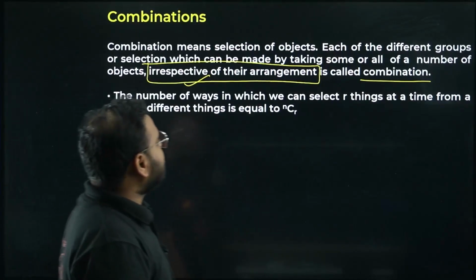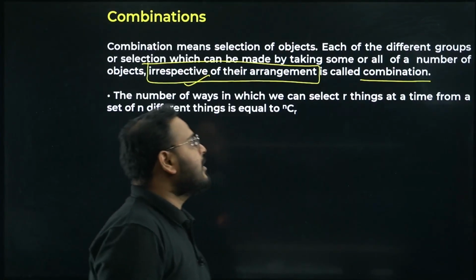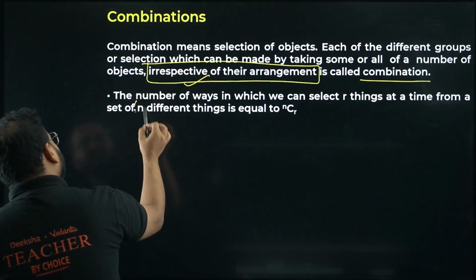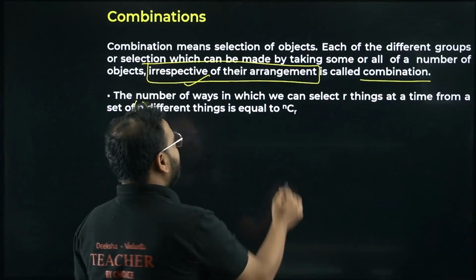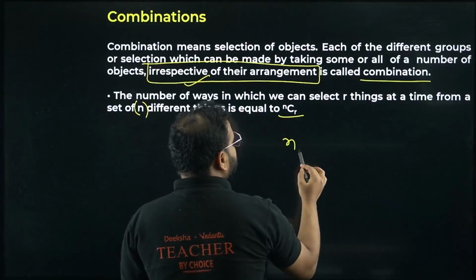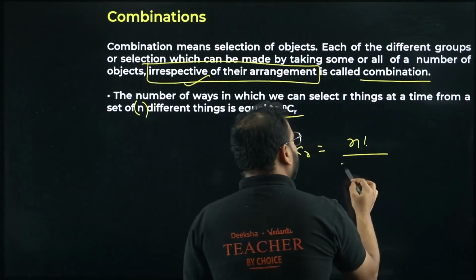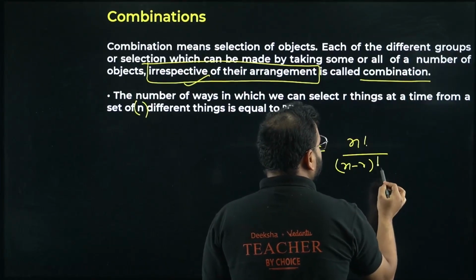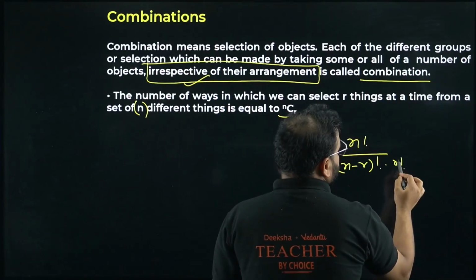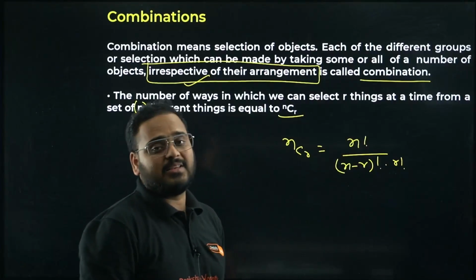The number of ways in which we can select r things at a time from a set of n different things is given by nCr. Please check here. It becomes n factorial upon (n minus r) factorial times r factorial. So we are taking out the arrangements also.